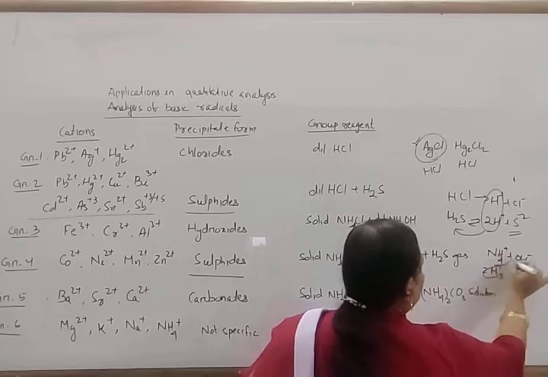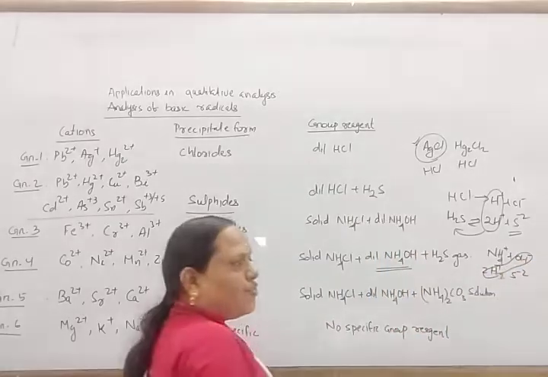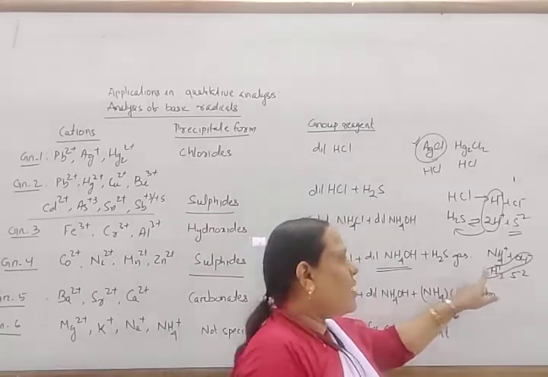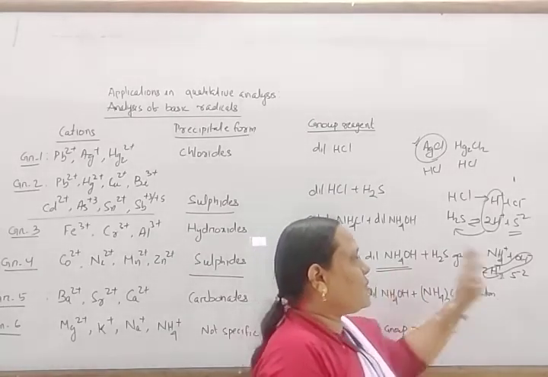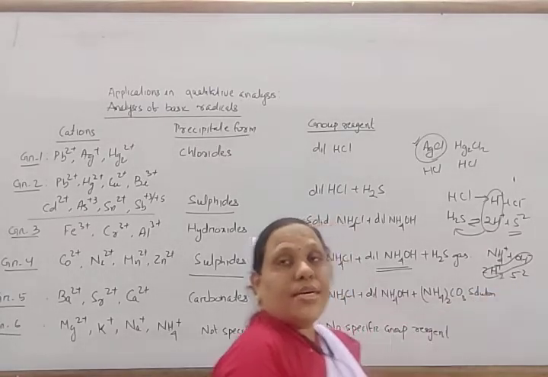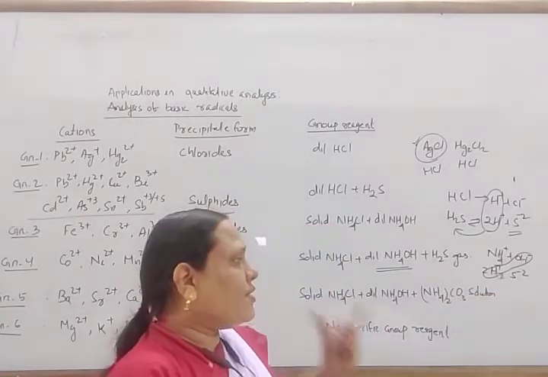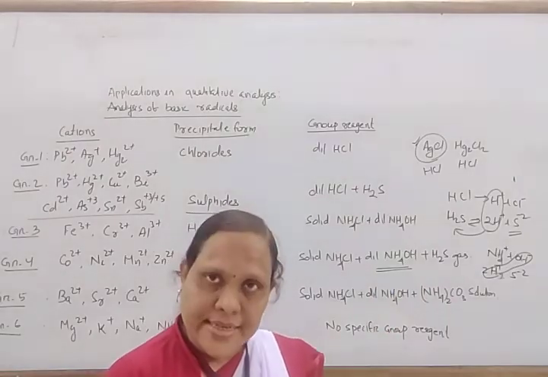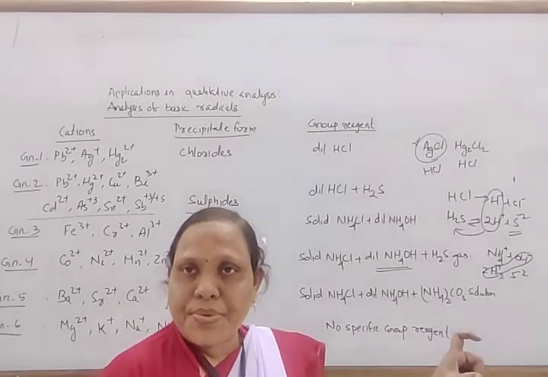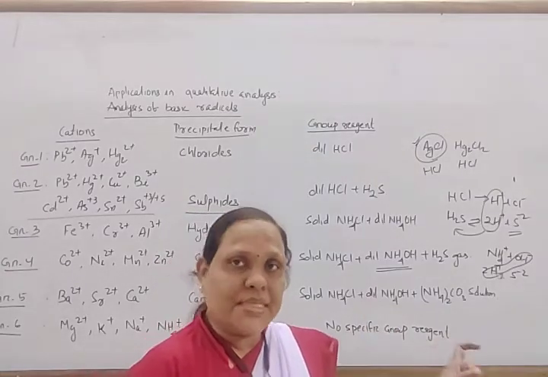H plus combines with OH minus to form water. As the H plus concentration decreases, the equilibrium shifts towards the right, forming more sulfide ion. So in the presence of the base, the concentration of sulfide ion increases, which helps to exceed the solubility product. In this way, they get precipitated.